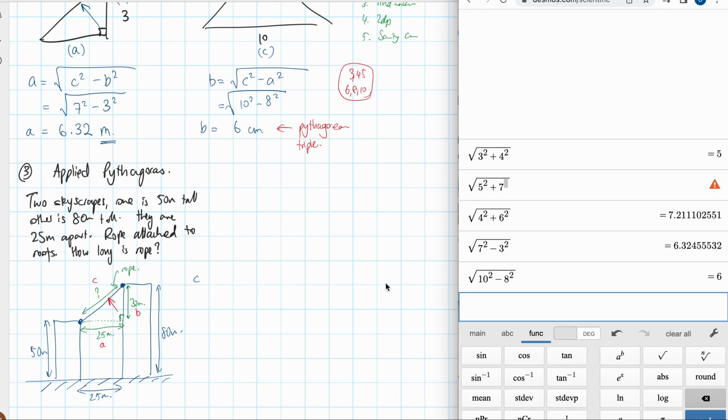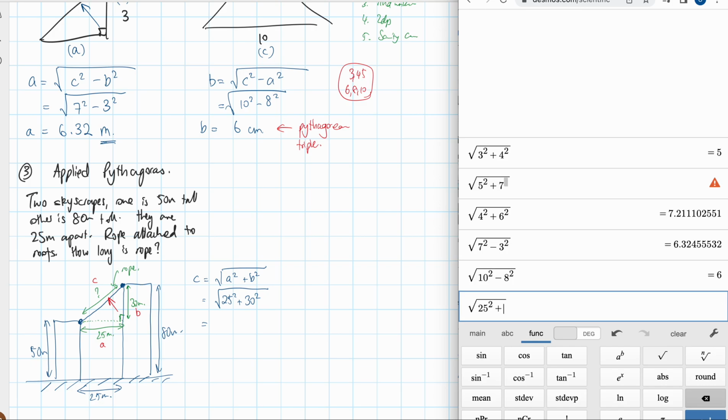Use the right formula. C is equal to the square root of A squared plus B squared. Plug in the values. So A in this case is 25 squared, and B in this case is 30 squared. Then we just put this into our calculator. So here we go, 25 squared plus 30 squared, and out pops 39.05 metres.